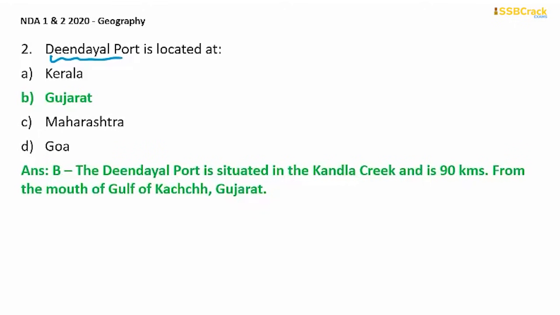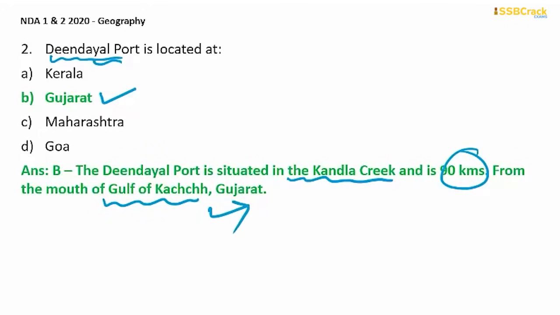You must know about all the major ports and industries and their locations. Also this comes under the study of coastal plains of India. Deen Dayal Port is located in Gujarat, actually situated in the Kandla Creek, about 90 kilometers from the mouth of the Gulf of Kutch. So it is located near the Gulf of Kutch, which is present in Gujarat. So the correct answer will be Gujarat.